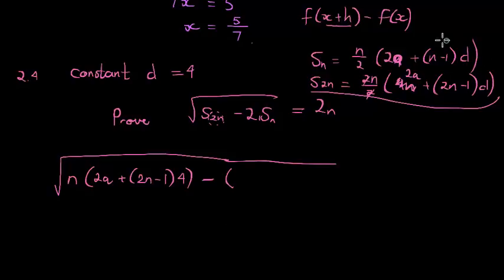I'm subtracting that thing, but multiplied by 2. If I multiply it by 2, it will just cancel there. I don't multiply the bracket as well with 2, it's a single term. So this just becomes n times 2a plus n minus 1 times 4.